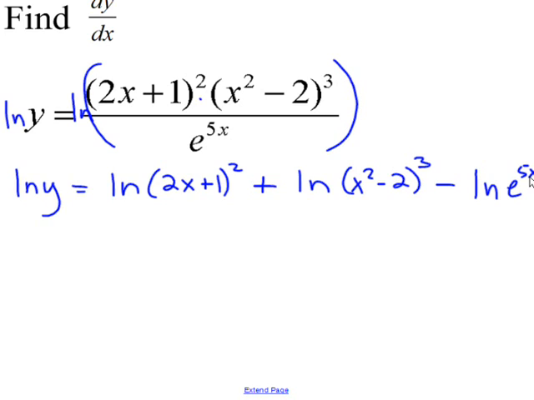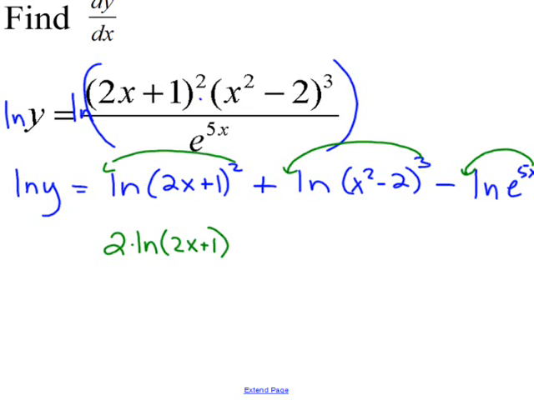Okay, then I can use the power rule and pull down these 2's and this 3. And, well, technically I could pull down that 5x. So I have 2 ln of 2x plus 1 here. I have 3 ln of x squared minus 2. And I have 5x ln of e.